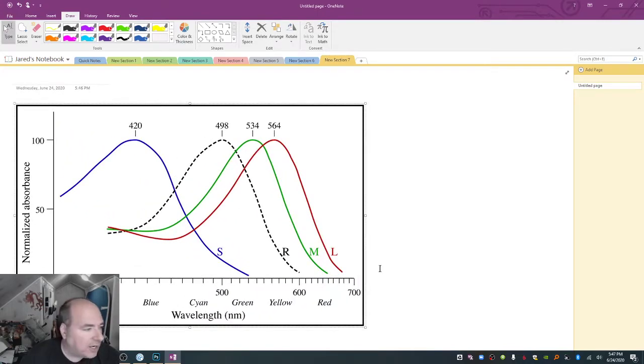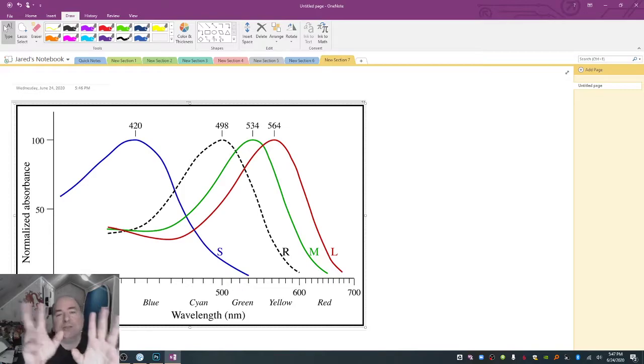So the biology of color is as follows. If we look over here, inside of the eye, there are two types of receptors: rods and cones. The cones see color and the rods are monochromatic. They see basically shape and grayscale. Rods aside, there are three types of cones: short, medium, and long.